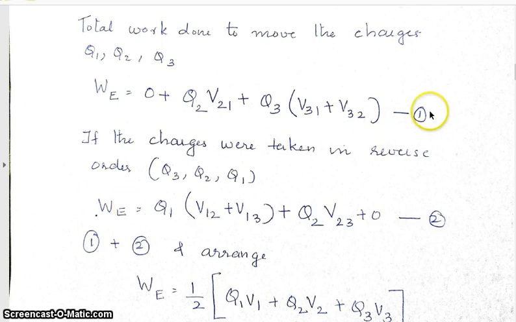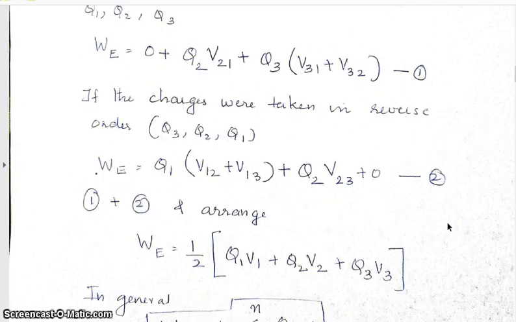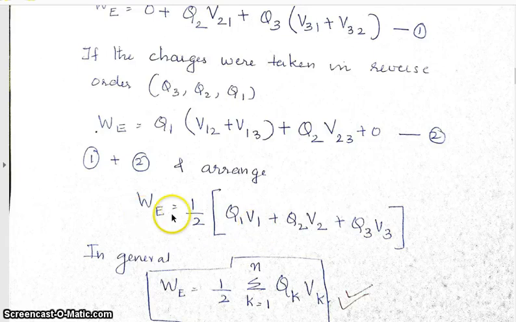Now if I add the first and second expressions and rearrange, I will get WE is equal to half of Q1 V1 plus Q2 V2 plus Q3 V3.